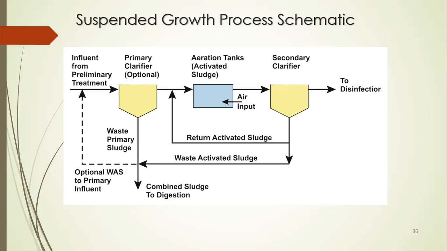In the secondary clarifier, as we saw in the previous examples, the water is separated from the solids. So in the clarifier, you will get the clean water out, and then as the final step, you will apply the disinfection to kill any pathogenic organisms, bacteria present with the wastewater.